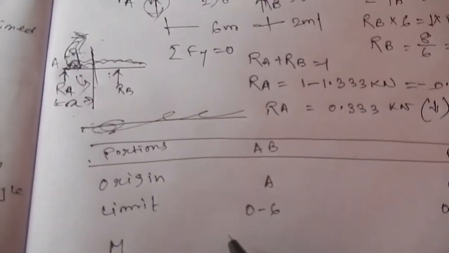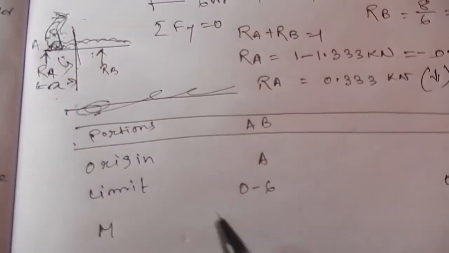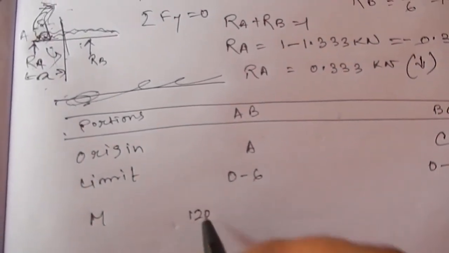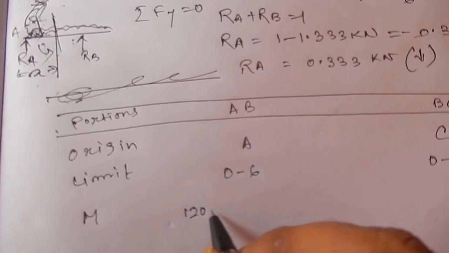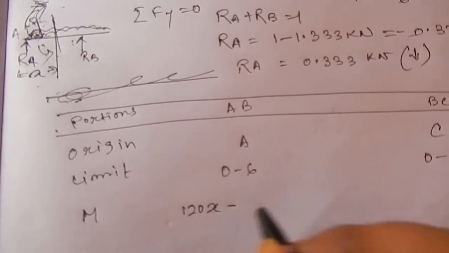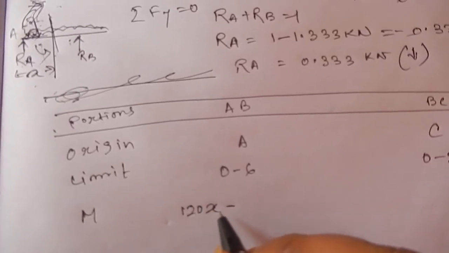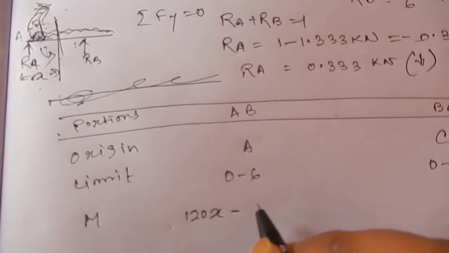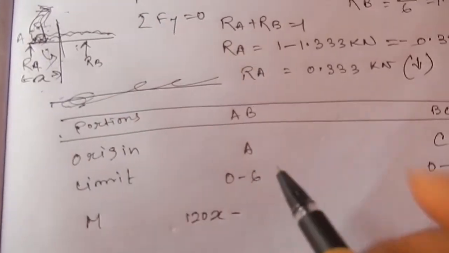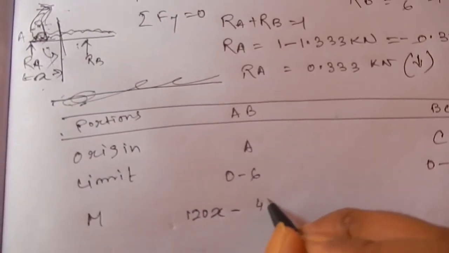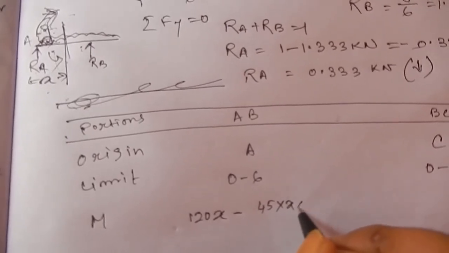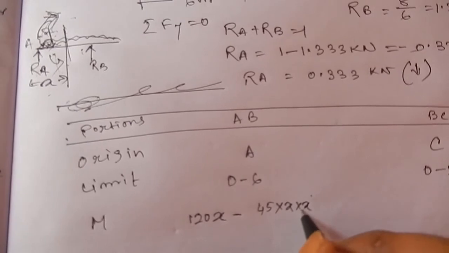the moment created by this load Ra is known to us right now, that is 120. We have already found Ra multiplied by the distance x, minus, because we have taken this as positive since this is sagging, and the hogging portion is minus the load of 45 kilonewton multiplied by x multiplied by x by 2.